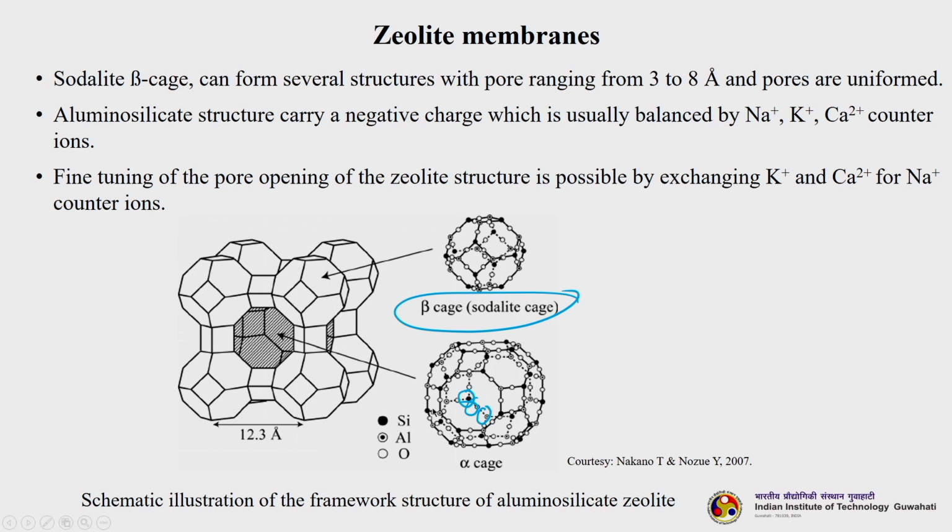They are present in such a way that they form cages, called beta cages or sodalite cages. In the aluminosilicate structure they carry a negative charge, which is usually balanced by sodium, potassium or calcium counter ions. Fine tuning of the pore opening of the zeolite structure is possible by exchanging potassium or calcium for sodium counter ions.